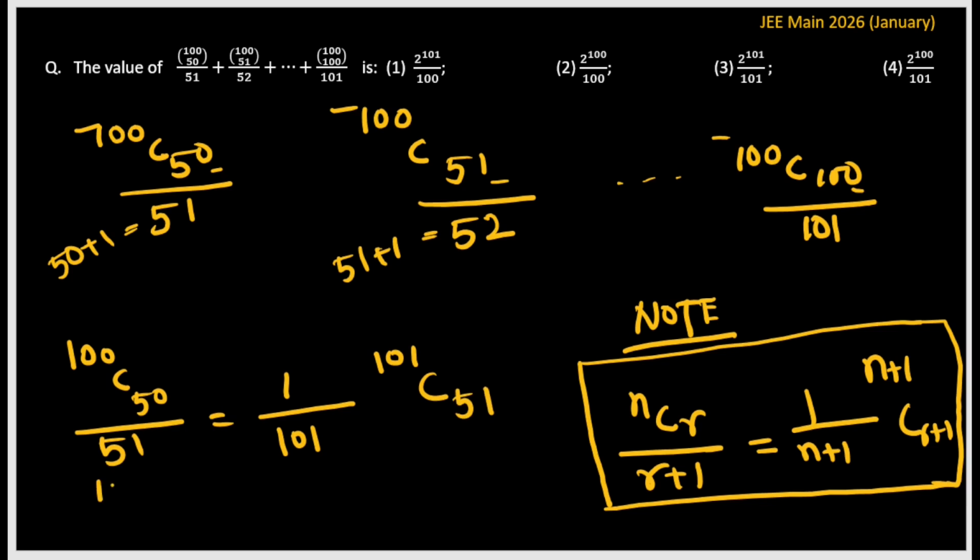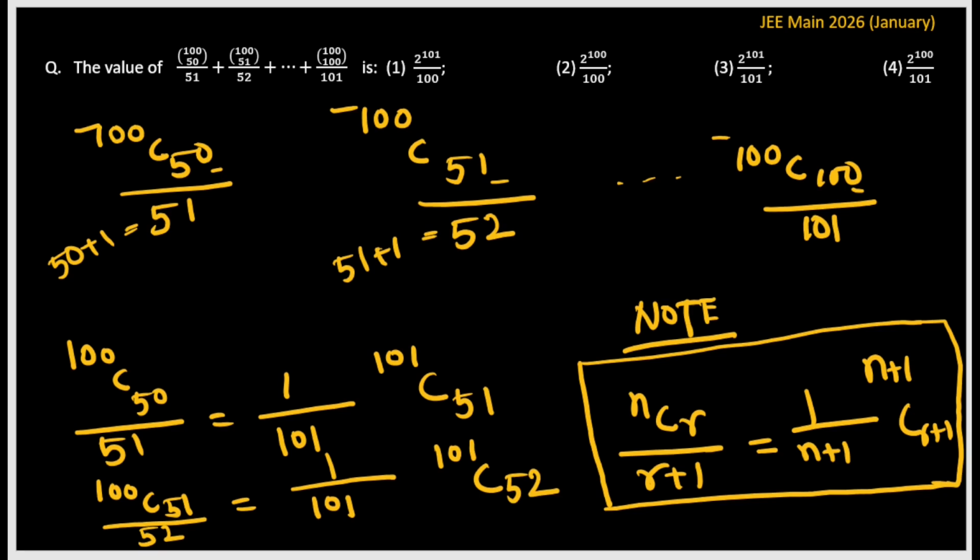The second term is 100 C51 over 52. That will convert to 1 over 101, since n is 100 and n plus 1 is 101, C r plus 1, r is 51, so it converts to 52.